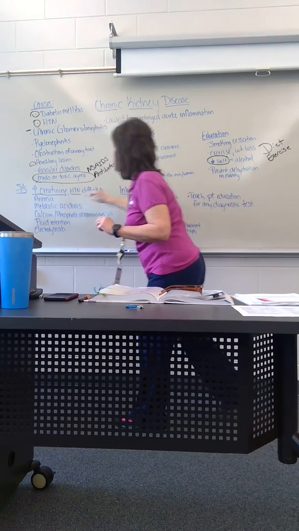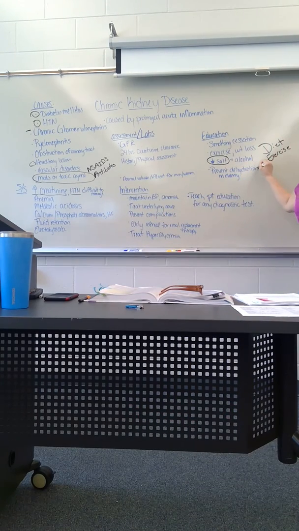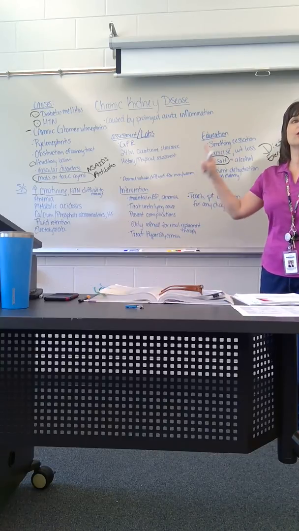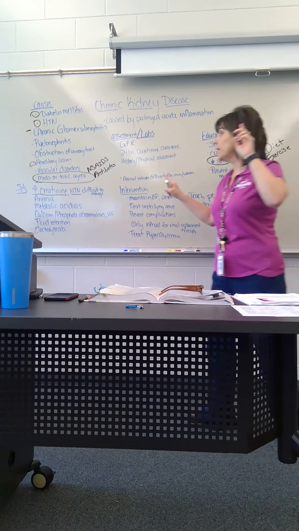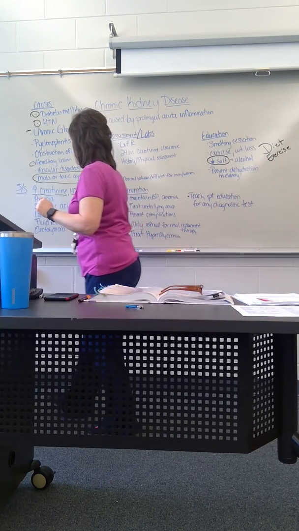So we definitely want to watch and maintain our blood pressure, because that's one very good way to keep the pressure down and keep from having longer term problems. Okay. The other thing is managing our diabetes.